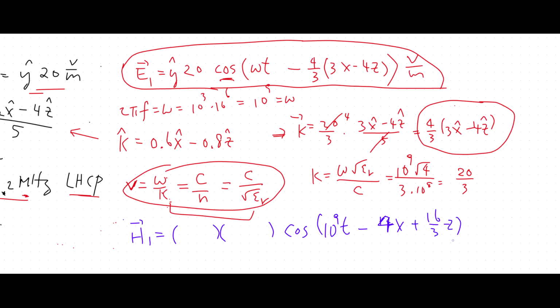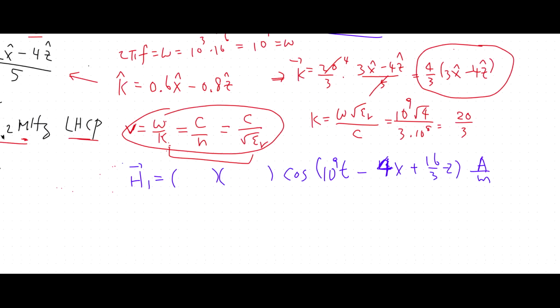I'm just going to copy the whole thing down here, except I substitute the value. And the unit? For electric field it is volt per meter, for magnetic field H it is amp per meter. Just write this down, at least you get a few points. I'm happy nobody gets 0 this time. More people get 100% than 0, which is good.